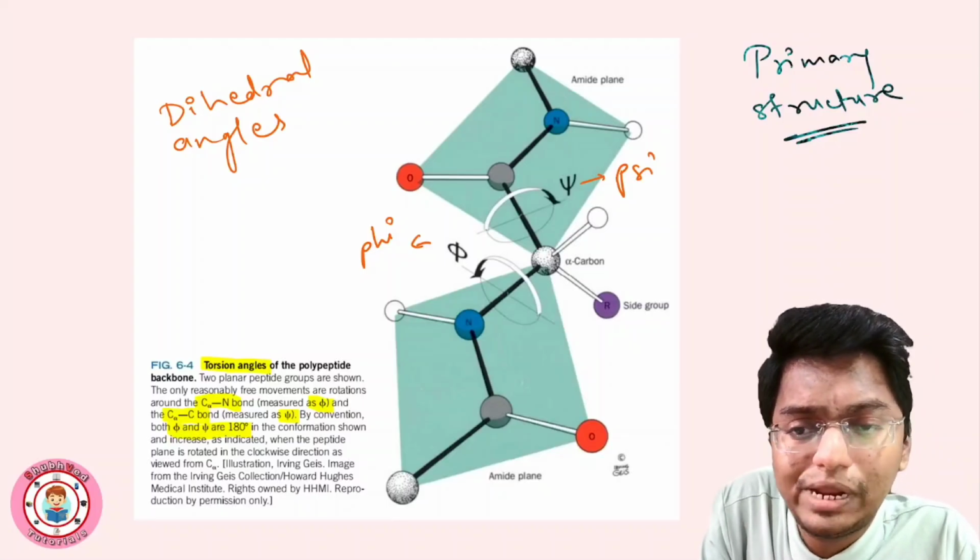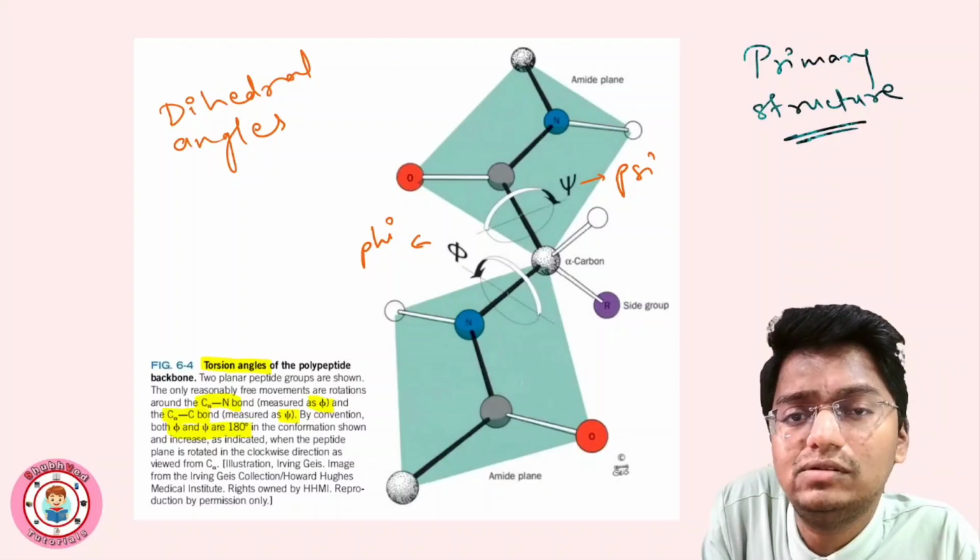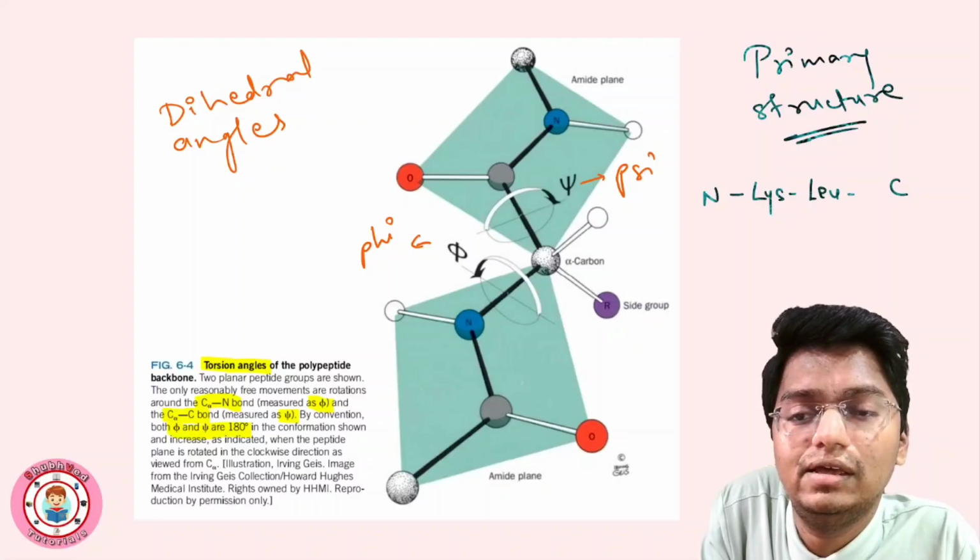So as we know, in primary structure there is a sequence, like this is the N terminus, this is the C terminus. Here there is lysine, leucine. Okay, then glycine, right?